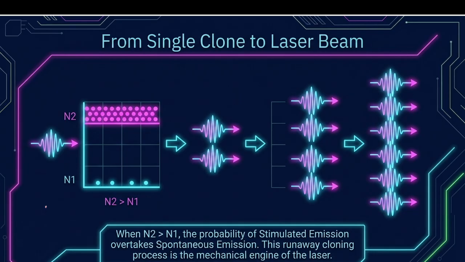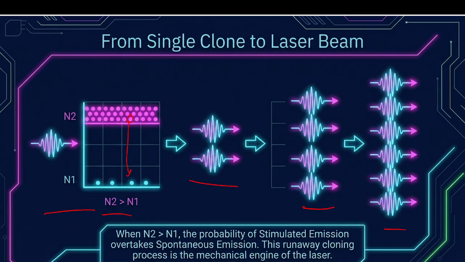If you see here, N2 is greater than N1, and that's why each photon will release another photon, because one atom goes to the ground state, and both generate two photons, and each photon again generates double that, and a multiplication happens.